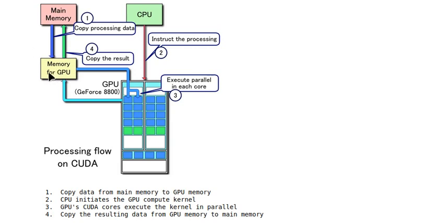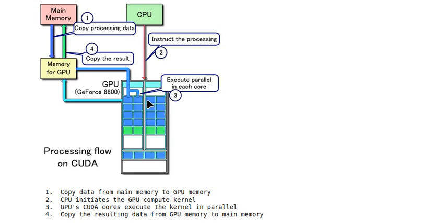Second, the CPU initiates the GPU compute kernel. Then the GPU CUDA cores will execute the kernel, and it is executed in parallel.